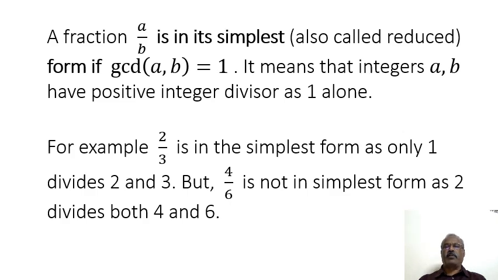For example, 2 over 3 is in the simplest form as only 1 divides 2 and 3. But 4 over 6 is not in simplest form as 2 divides both 4 and 6.